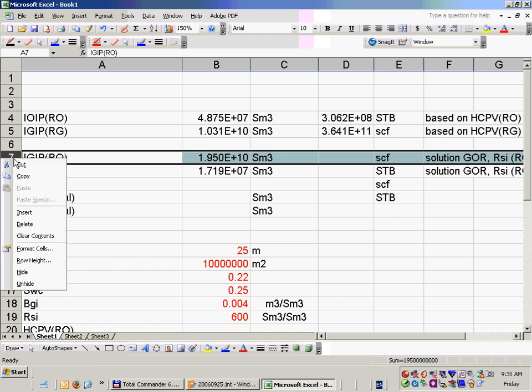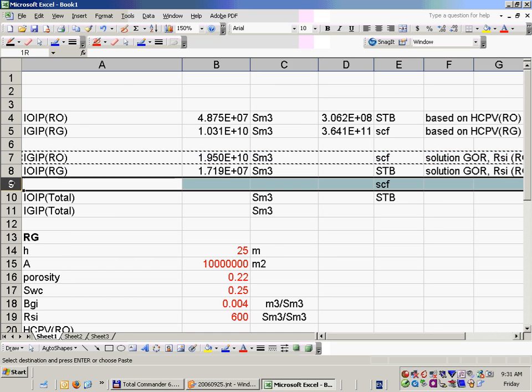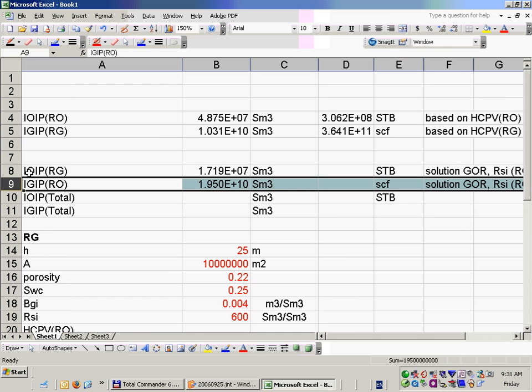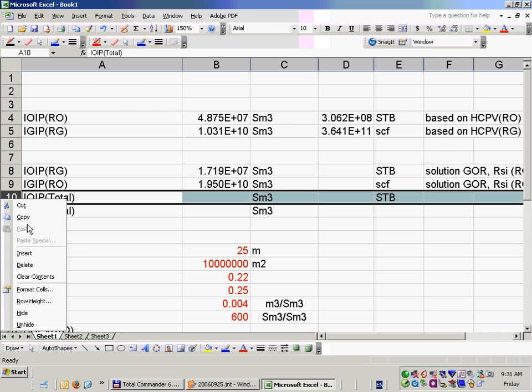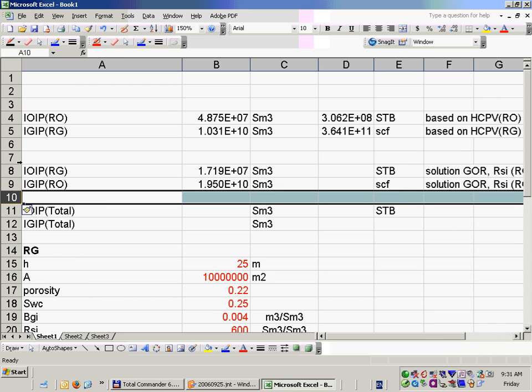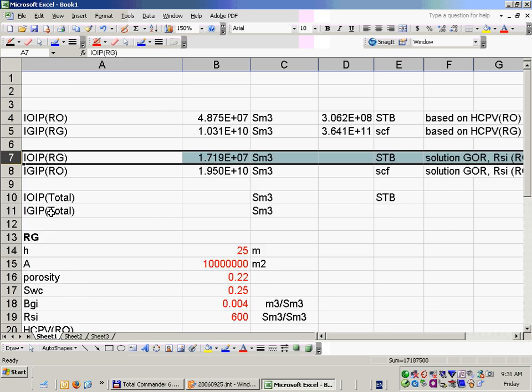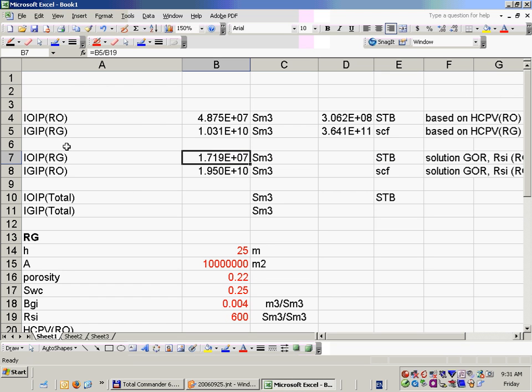Just give me a second. Okay, so that's initial oil in place, reservoir gas. So let's just take these and copy those down.